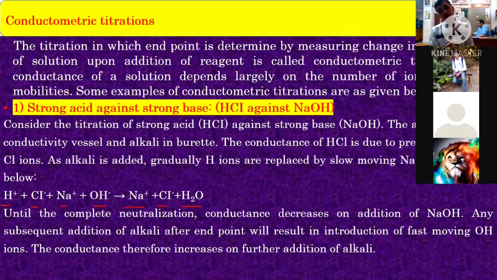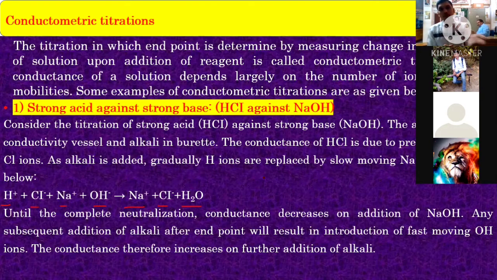Then after you add some more alkali or NaOH, what happens? Here, the OH ions move freely in the electrolytic solution. Why? Because no H plus ions remain in the solution. Therefore, the OH minus ions easily move in the solution.